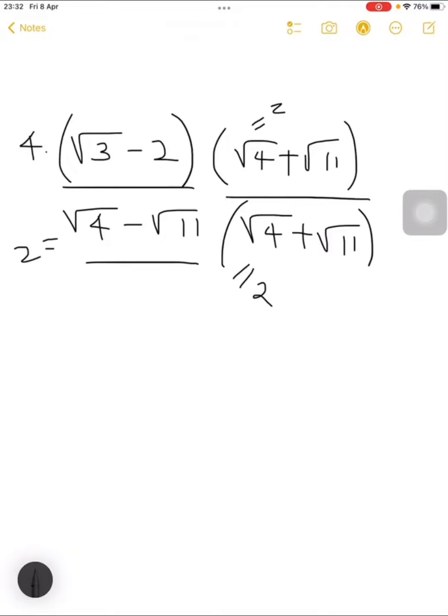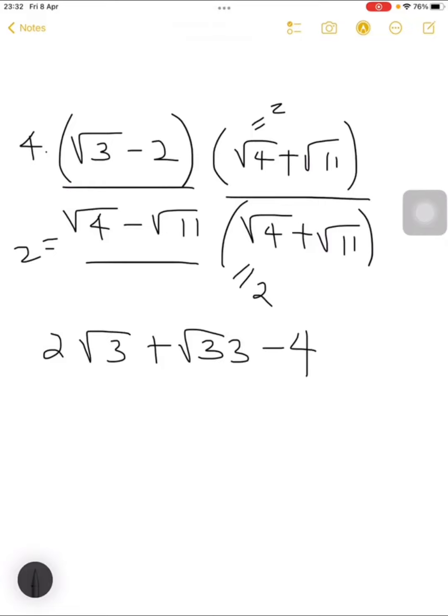So we can multiply root 3 multiplied by 2 to get 2 root 3. Then root 3 multiplied by root 11, we get plus root 33. Then minus 2 multiplied by 2 is minus 4.